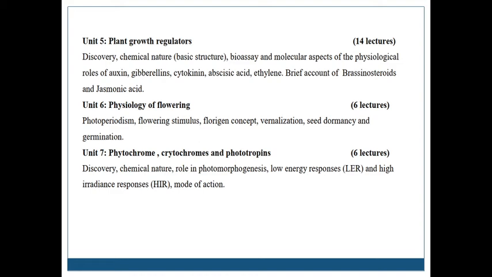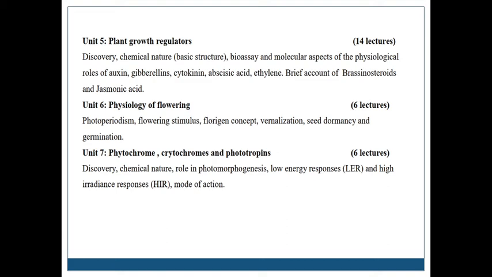And if they show a positive response, they're positively phototropic. So to explain photoperiodism, we have to study the critical day length. And depending on the critical day length, we can classify SDP, LDP, or day neutral plants.